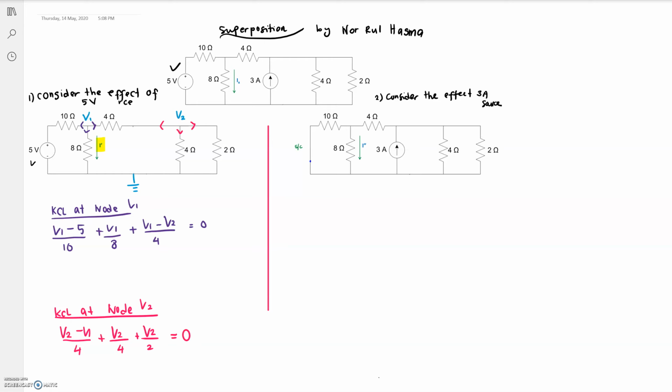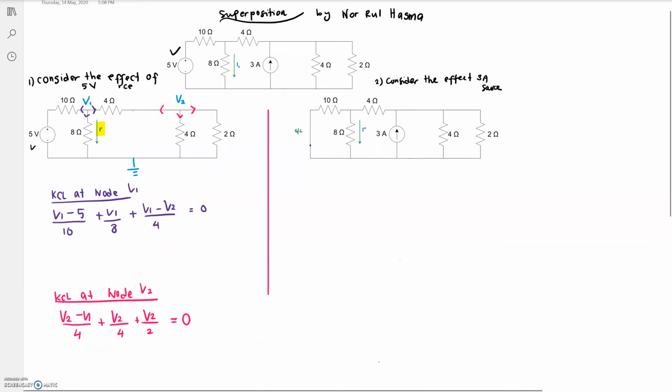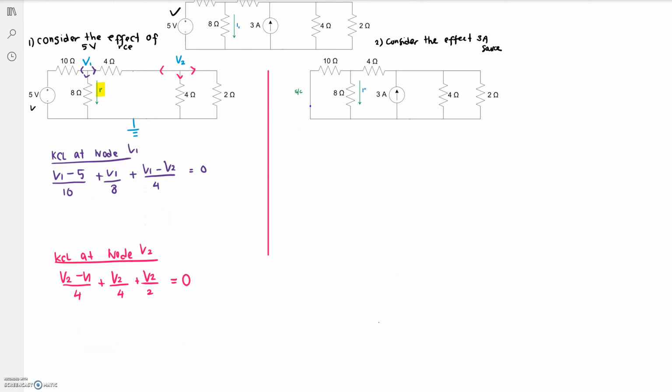Then you need to simplify the equations by grouping them together. For example, here we group the V1 terms, plus 1 over 4, and then V2 with 1 over 4, and then 5 over 10.